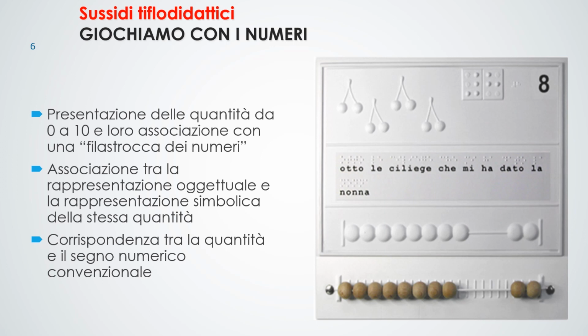In the center a short sentence in Braille and in black concerning the number in question. Bottom, the representation of the quantity in question on the mobile abacus. The aid then allows, within the 10, the association between the concrete representation and the symbolic one, and finally the correspondence between the quantity and the conventional graphic sign.